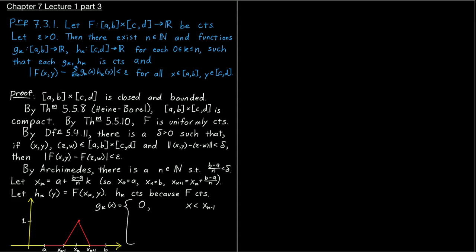Then it is a fraction between x_{k-1} and x_k. This slightly different fraction, x_{k+1} minus x over x_{k+1} minus x_k.